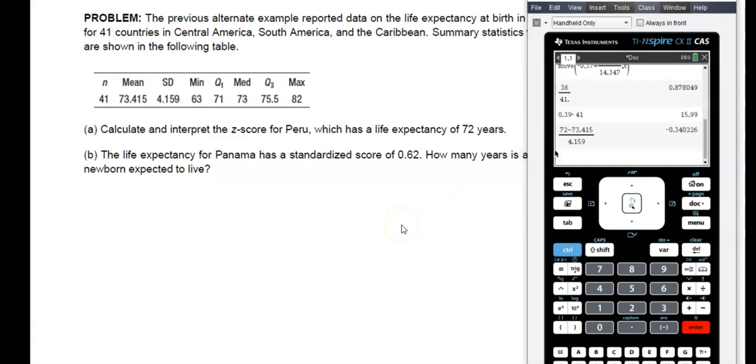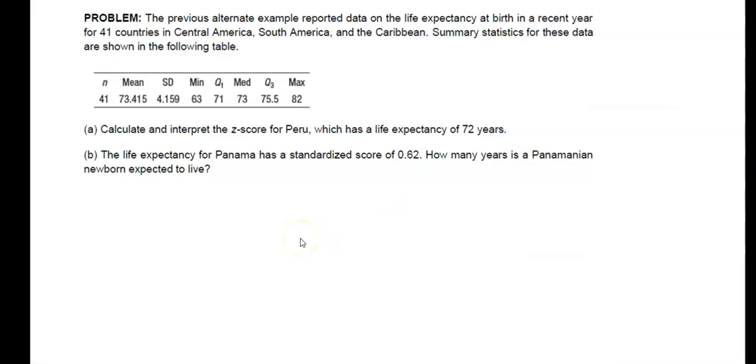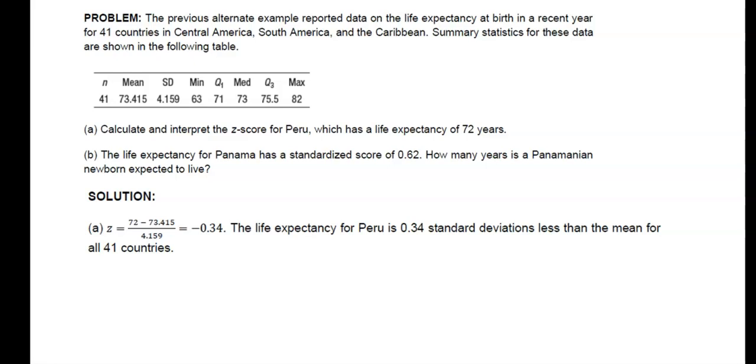So calculate, interpret. Peru has a z-score of negative 0.34, which means their life expectancy is 0.34 standard deviations below the mean. So it's less than the mean for all 41 countries.